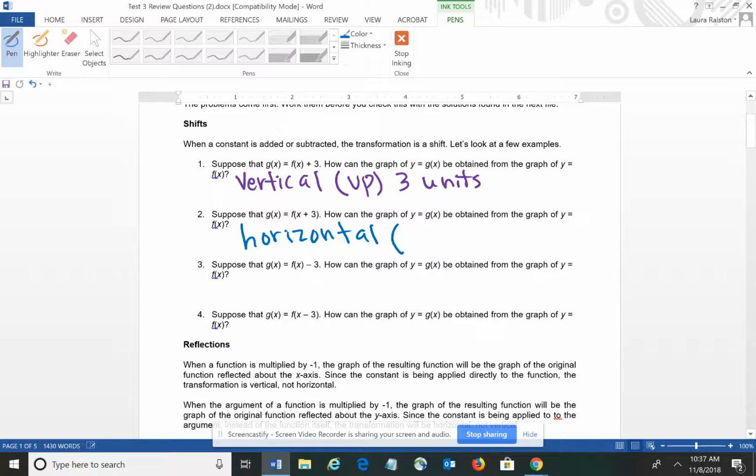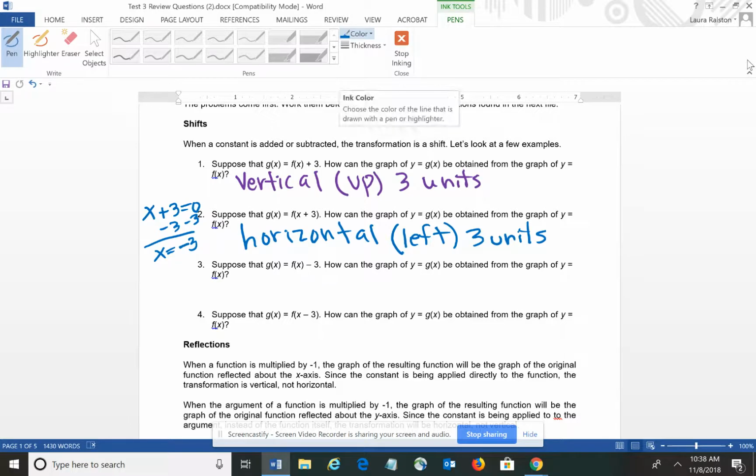If it's plus 3, you're actually going to the left 3 units. It's backwards to what you would think, because basically we would take the expression x plus 3, set it to 0, and solve, and we get x equals negative 3. So that makes more sense that I'm going to go left instead of right.